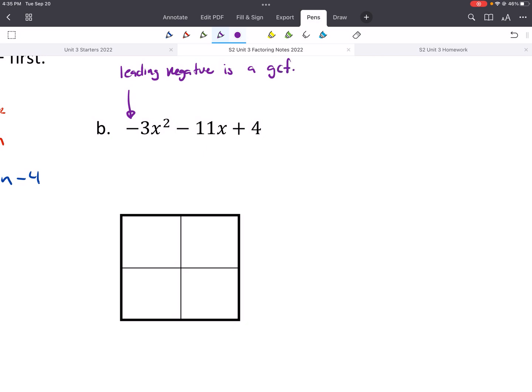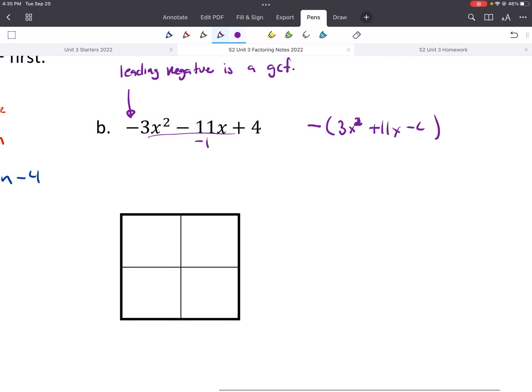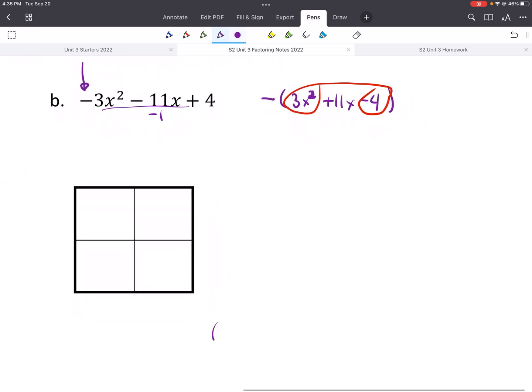So we would take out a negative, and then we would divide everything by a negative, and would get 3x squared plus 11x minus 4. Then we can use our glasses. Okay. Again, when we're all done, I think it's a great idea to put that greatest common factor so you don't forget.